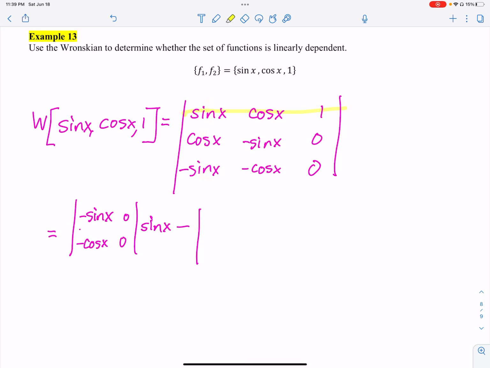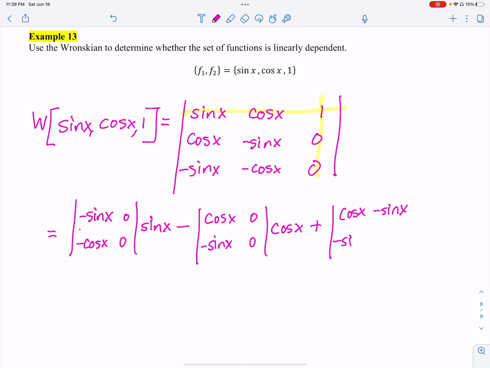We move our row over. And we got cosine x, negative sine x, and then 0, 0. And then we write down the intersection up there. Move our column over. So we got plus now. Cosine x, negative sine x, negative sine x, negative cosine x times 1.